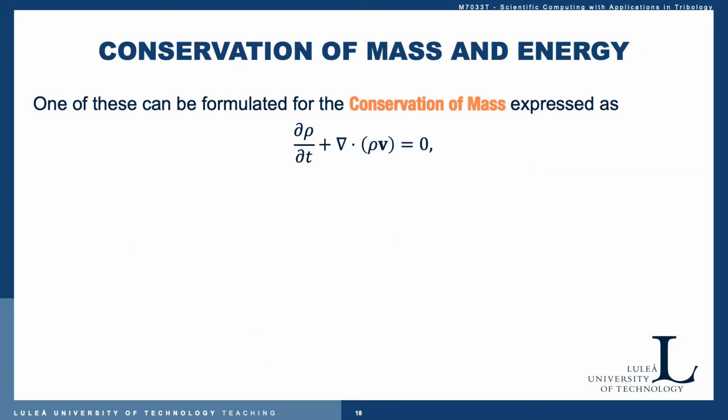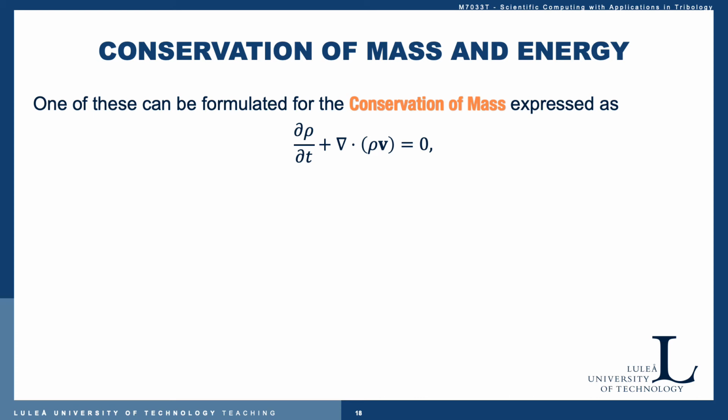One of these equations can be formulated for the conservation of mass, and it's expressed here. Now it states that the rate at which mass enters the system must equal the rate at which the mass leaves the system, plus any accumulation or loss of mass within it, if there is a sink or source.